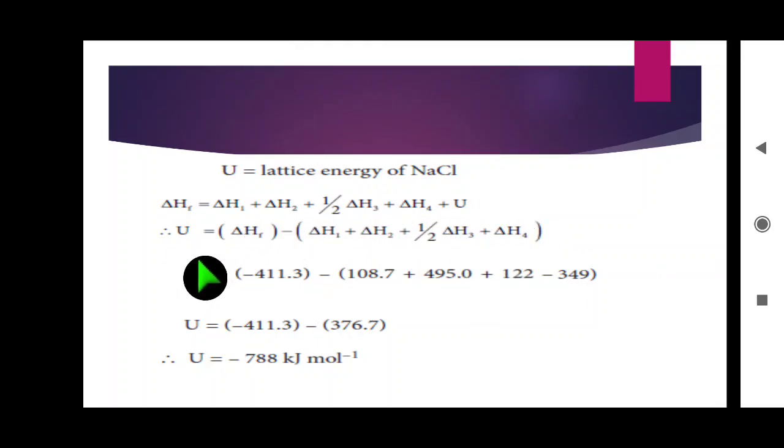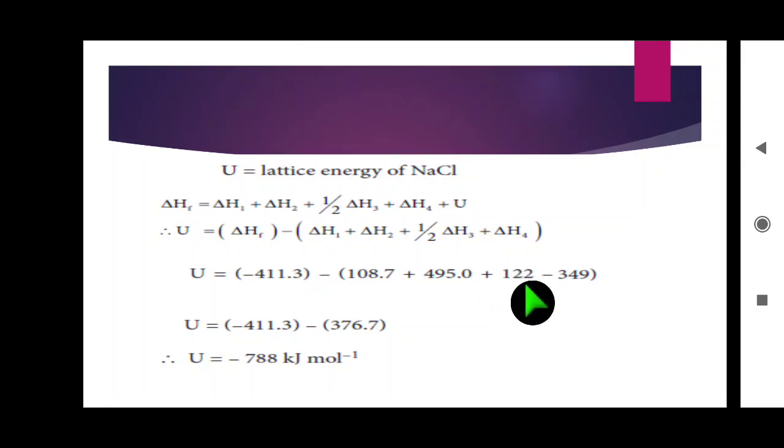Now you can substitute the values. Delta HF of sodium chloride is minus 411.3. Delta H1 is 108.7. Delta H2 is 495.